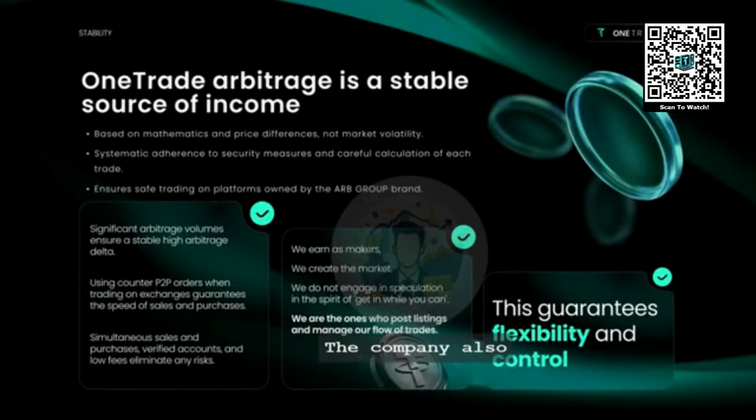The company also says their model is not dependent on market volatility. In simple terms, they are saying they are not gambling on whether Bitcoin goes up or crashes tomorrow. Instead, they try to profit from price differences between exchanges. That's very different from normal speculative trading.